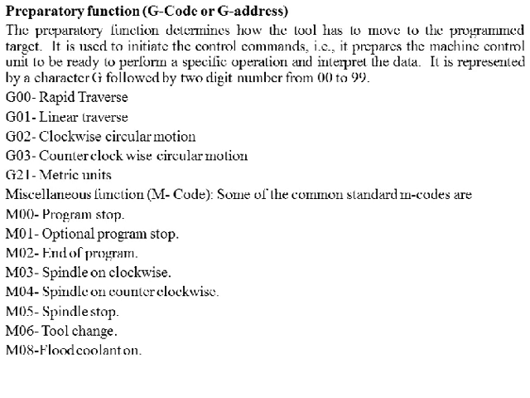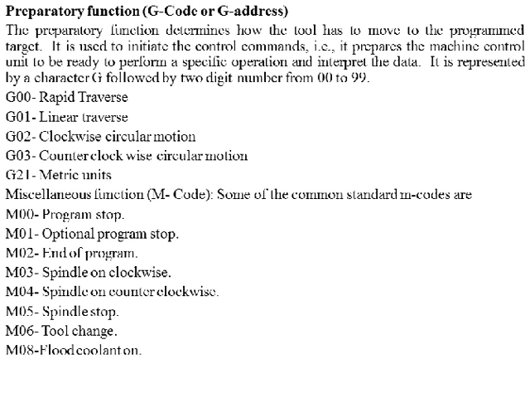A few of the M codes, wherein M stands for miscellaneous function. Some of the common standard M codes are: M00, which indicates the program stop. M01 indicates optional program stop. M02 indicates end of program. M03 stands for spindle rotation in the clockwise direction.